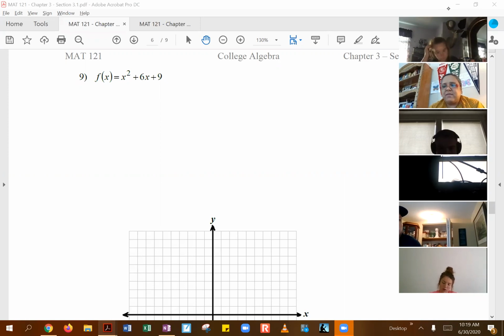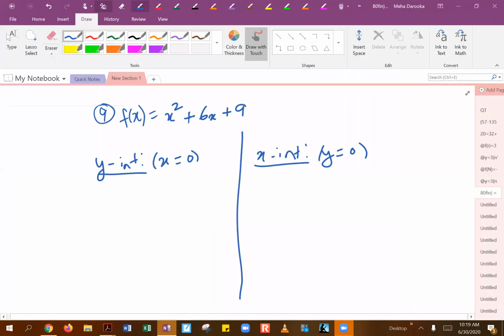Do you guys have your x and y intercepts? What did you get for your x-intercept? -3. -3, okay. And the y-intercept? 9. 9, alrighty. So let me just show you that really quickly over here.